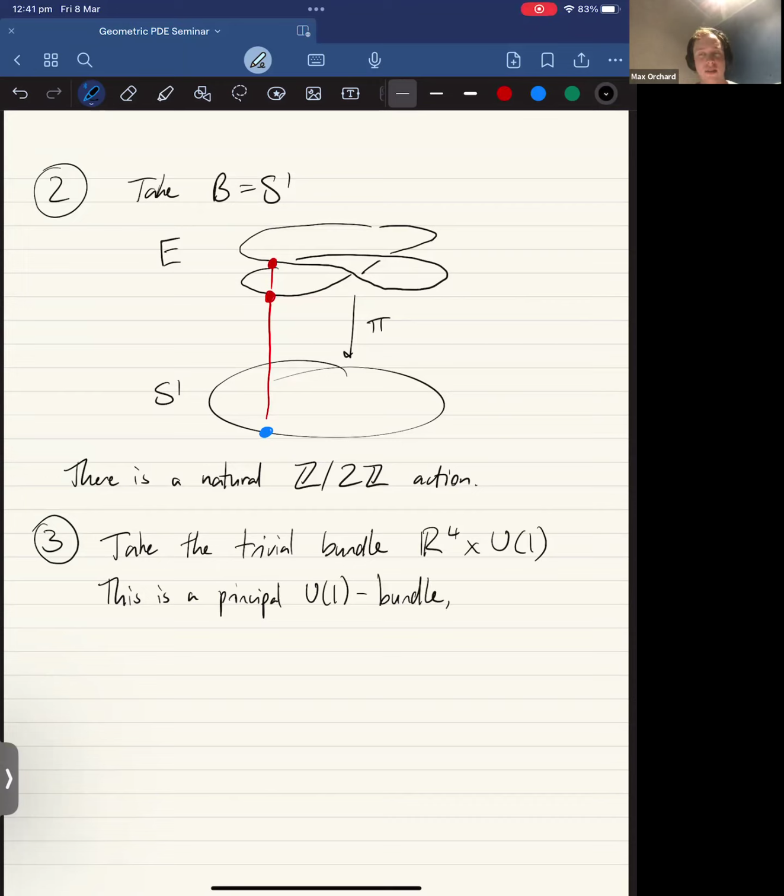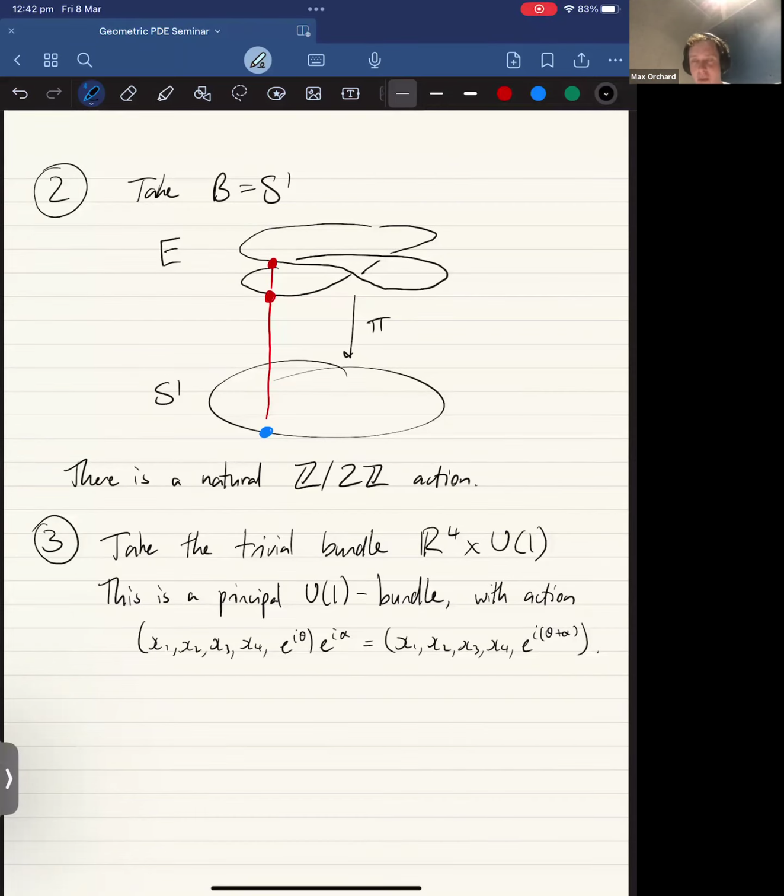And if we want to define an action on this, we can just define it by multiplication on the fiber itself. So if we act on an element of R4 cross U1 by some other element of U1, we just get multiplication.